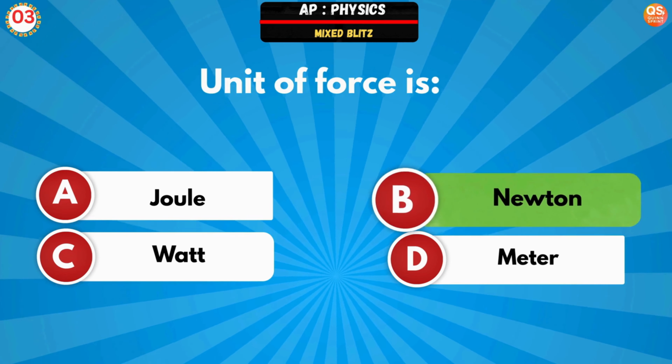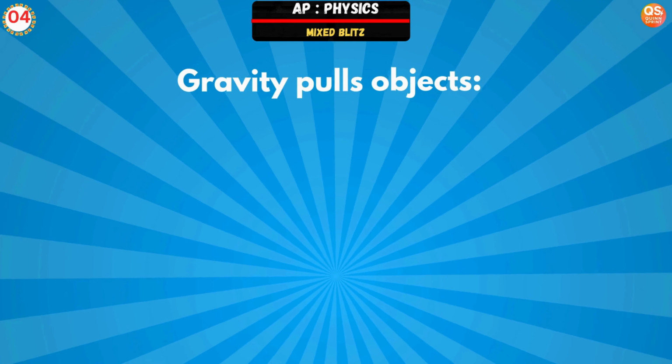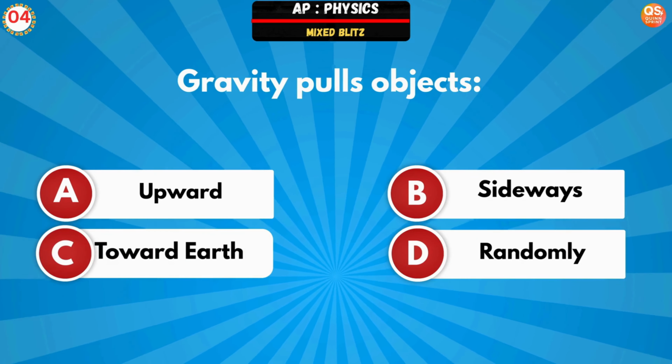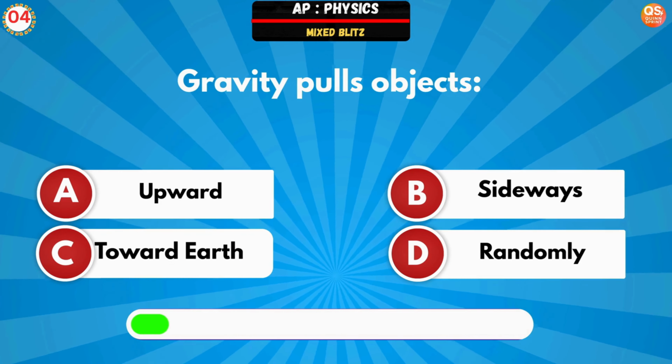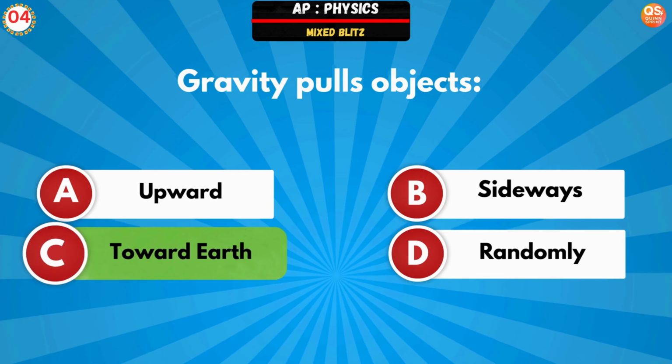Newton. Don't overthink this one. Toward Earth.